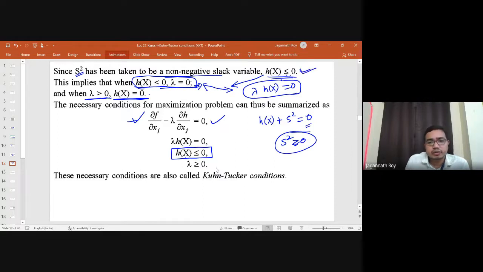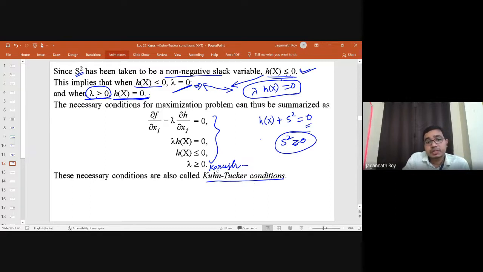And then for the fourth one, we will have lambda greater than or equal to 0. So these are the Karush-Kuhn-Tucker necessary conditions for a maximization problem.